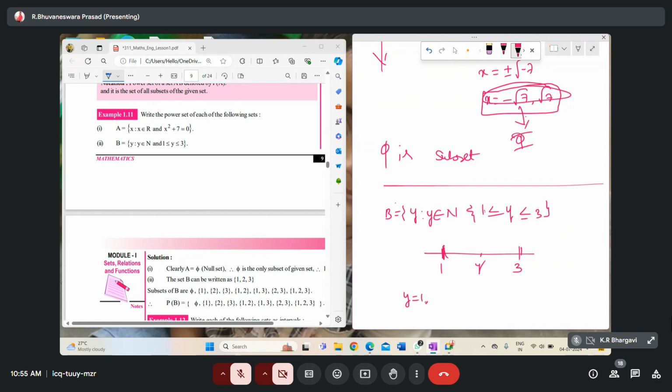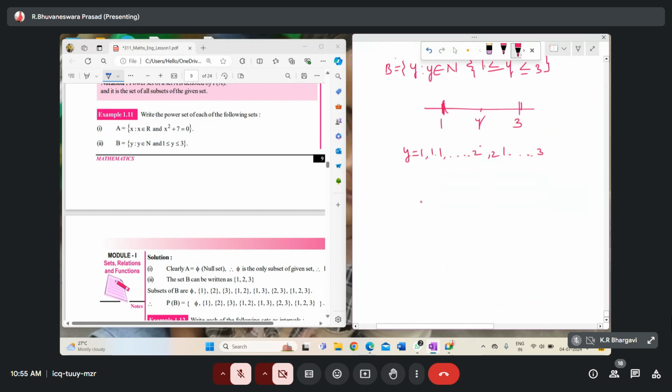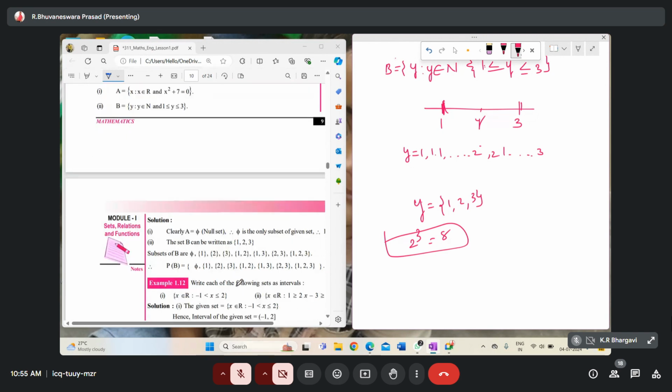So y equals 1, 1.1 and so on to 2.1 and up to 3. So ఇప్పుడు దీనికి y equals the set of 1, 2, 3. ఓకే, దీనికి పవర్ సెట్స్ అన్నప్పుడు 2 power 3. హౌ మచ్ ఎలిమెంట్స్? సో 8. సో 8 ఎలిమెంట్స్ పవర్ సెట్ లో ఇక్కడ ఉన్నాయి.